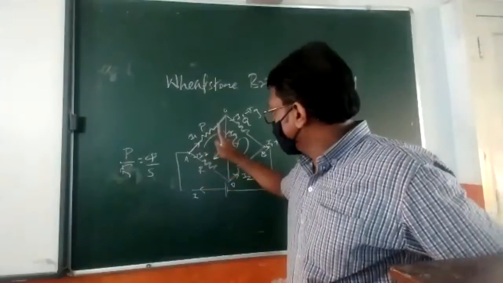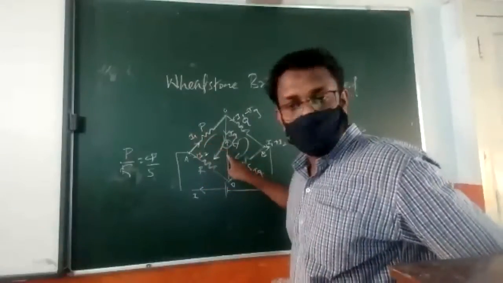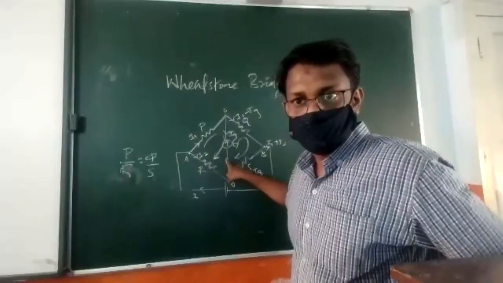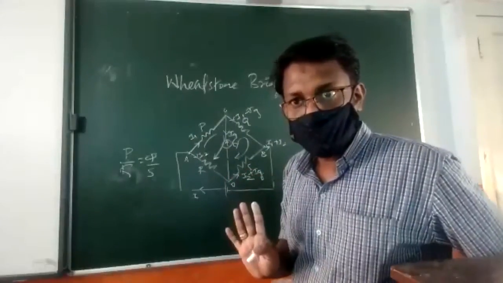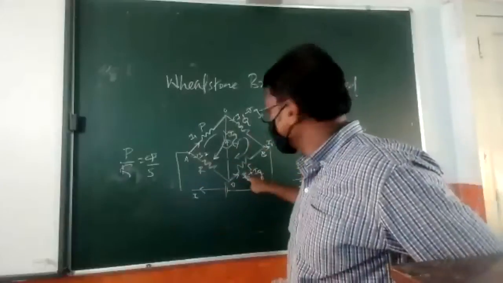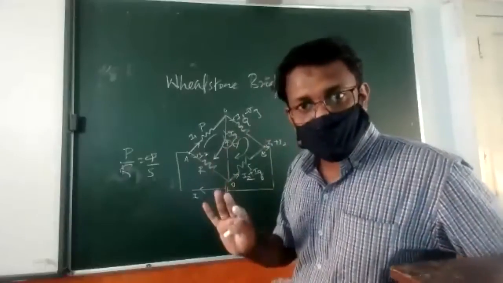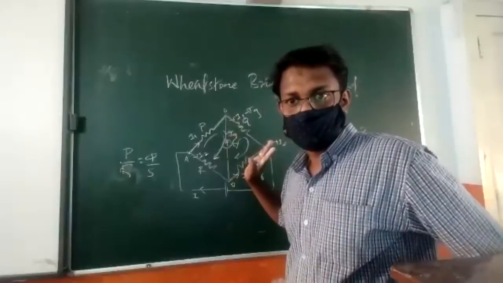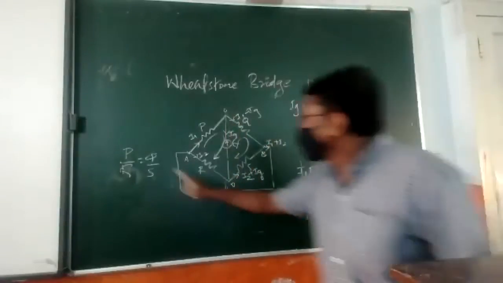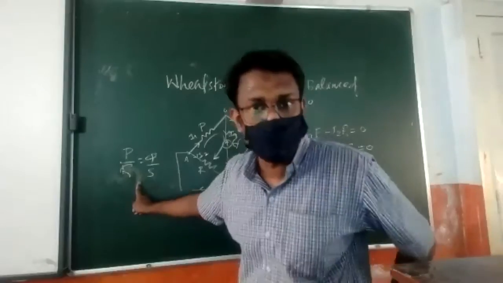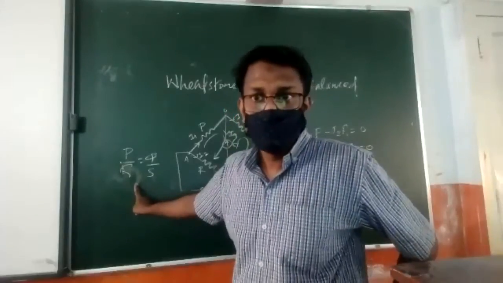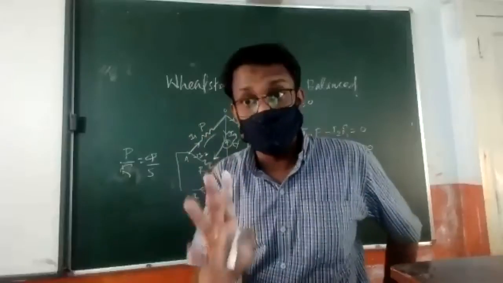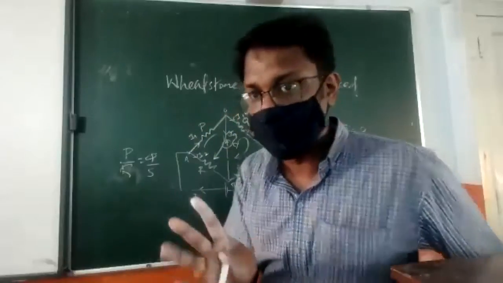Ratio of resistors connected in the left hand side of the galvanometer. Okay. What is Q by S? Ratio of resistors connected on the right hand side of the galvanometer. From this equation, both are the same. When will this condition be satisfied?